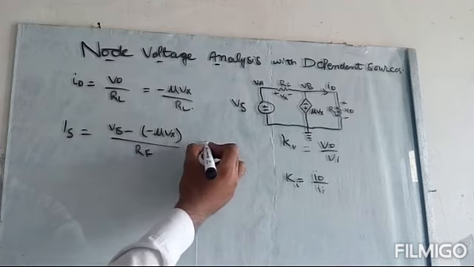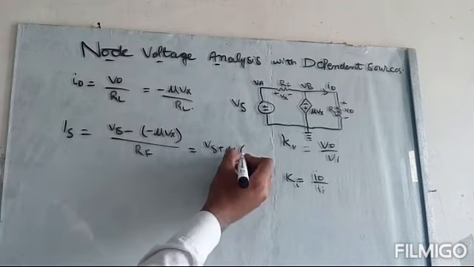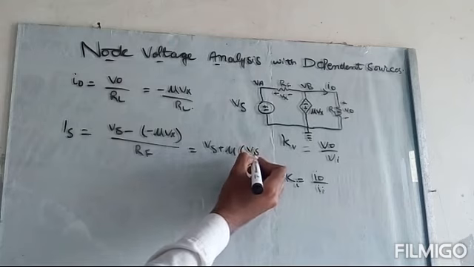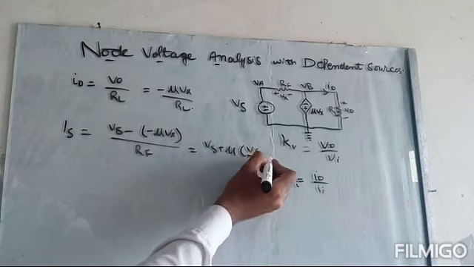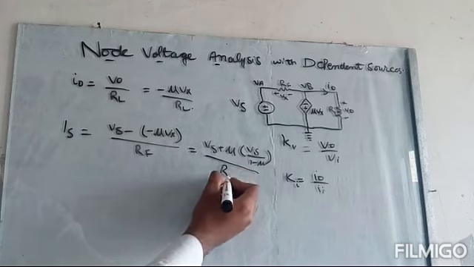So it will be equal to Vs plus mu Vx, where Vx is Vs over 1 minus mu, which we found earlier, and divided by Rf.